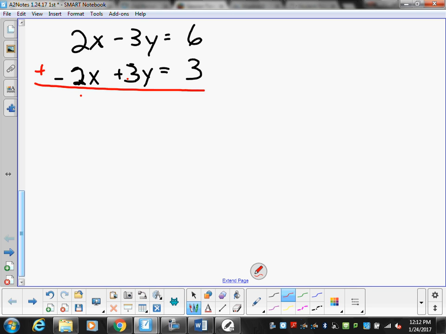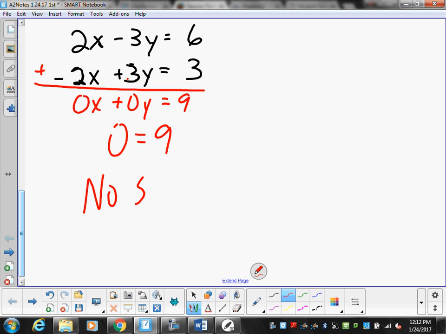Officially I would have 0x plus 0y equals 9. What is 0 times x? 0. What's 0 times y? 0. What's 0 plus 0? 0. So when I eliminate it, it becomes 0 equals 9. Is 0 ever equal to 9? No. So there is no solution.